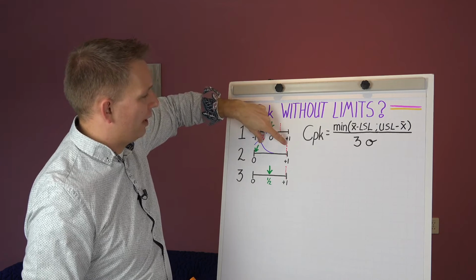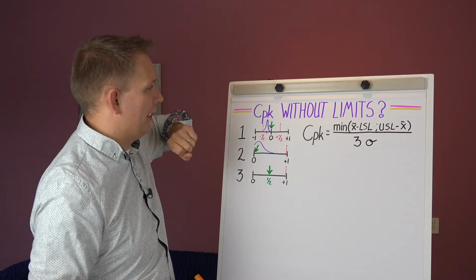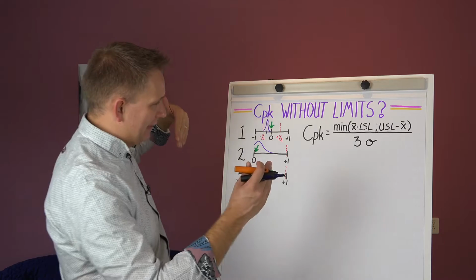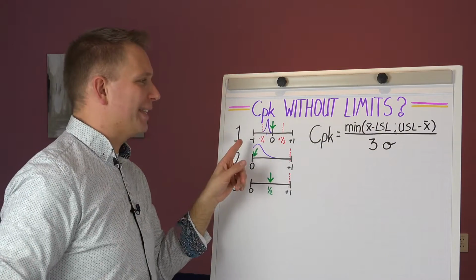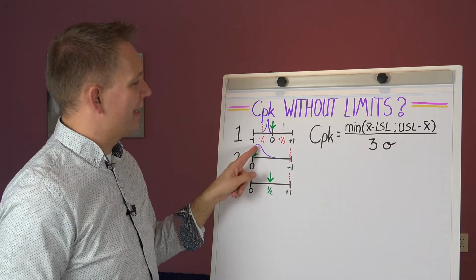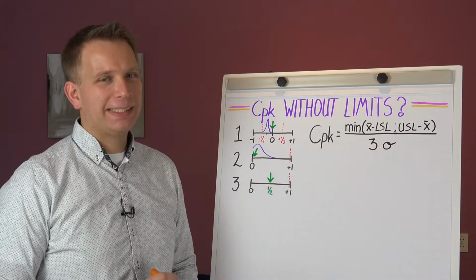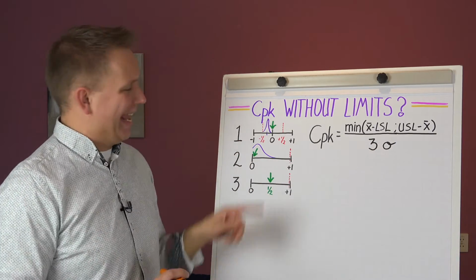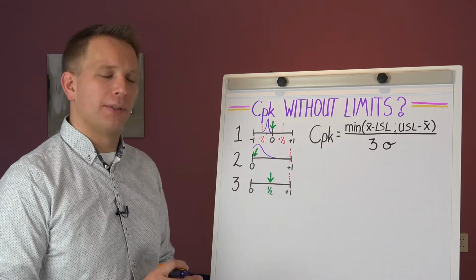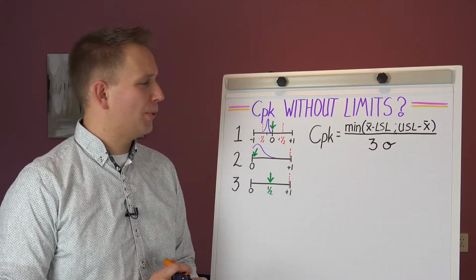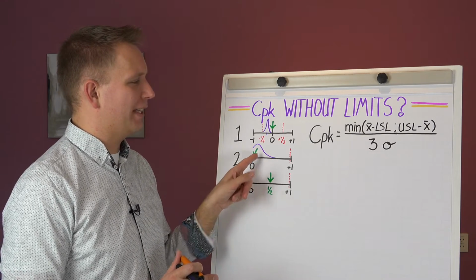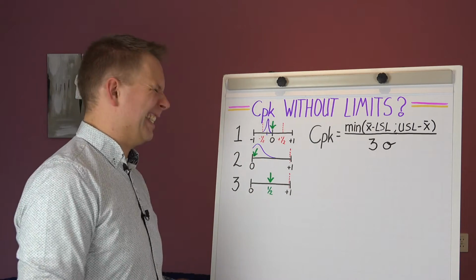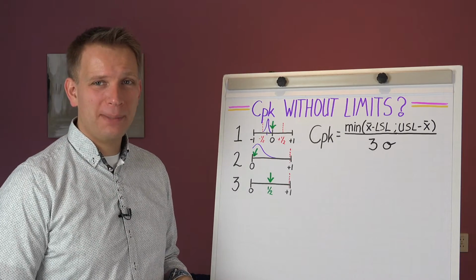So that part determines your distance, your top part. Now, there is a bit of a trick here, because this is not a normal distribution. So if you take the normal standard deviation from this, it gets a little bit tricky.